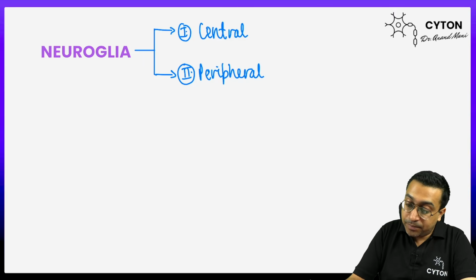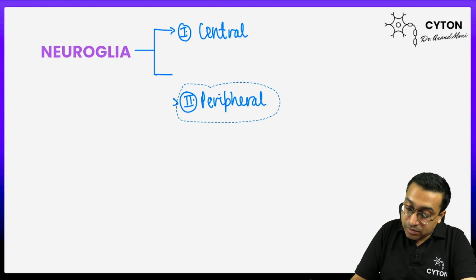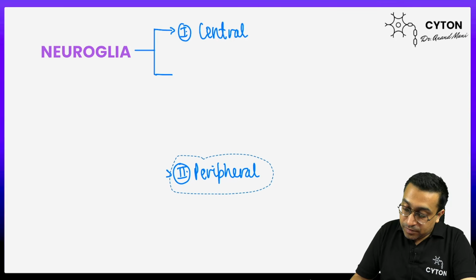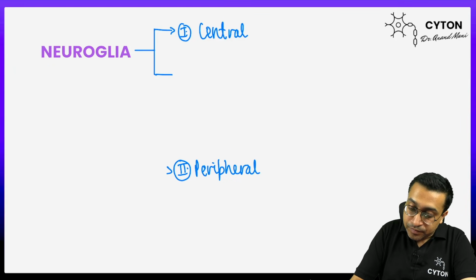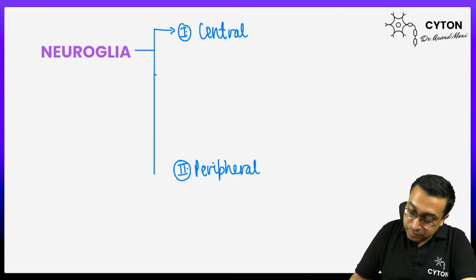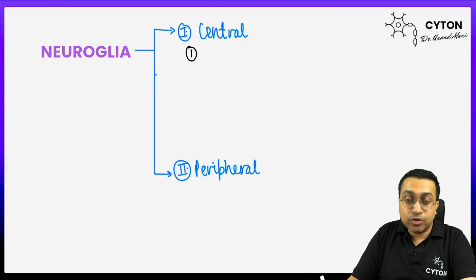So let us see them. Further the central neuroglia is of 4 types.